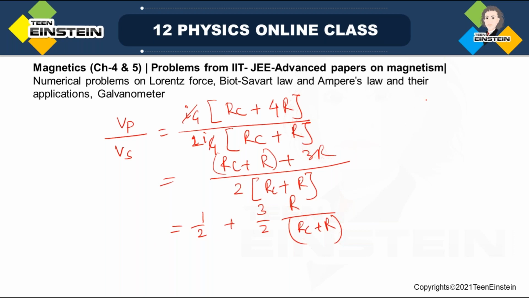Now see, there was a condition that Rc is less than R by 2, right? Rc is less than R by 2.